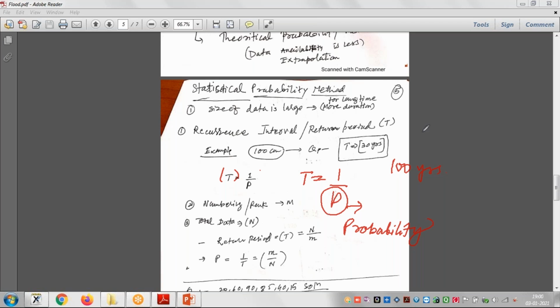But if it occurs after every 2 years or every 5 years, then T is small and P will be big, so the chances are more, right? So they are inversely proportional, we can say.